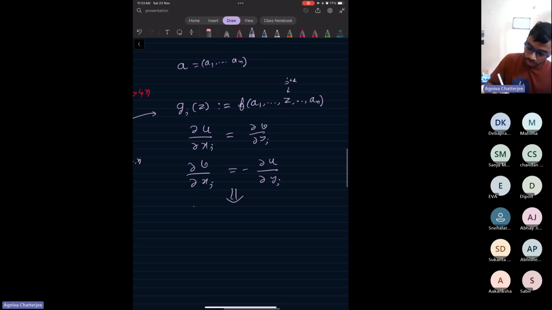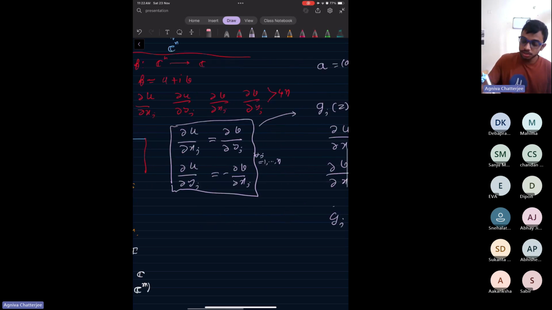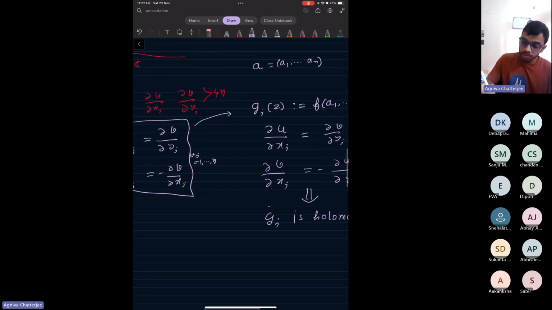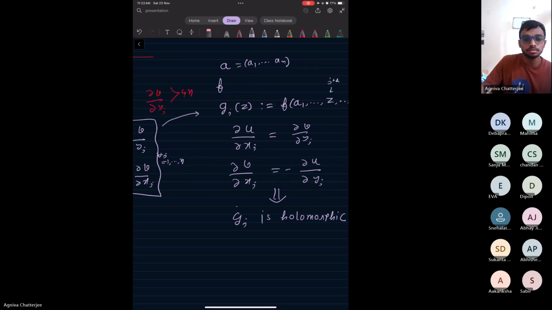This implies that gj is holomorphic. This is a single variable function, and the Cauchy-Riemann equations being satisfied means that gj is holomorphic. So what I am saying is that this condition for all j implies that your function f is separately holomorphic in each variable.